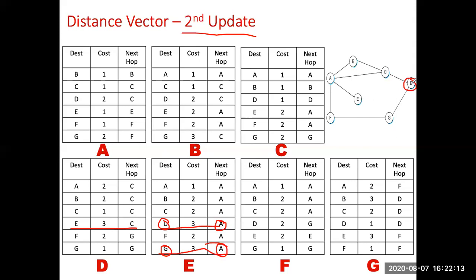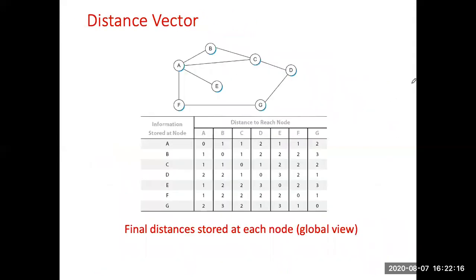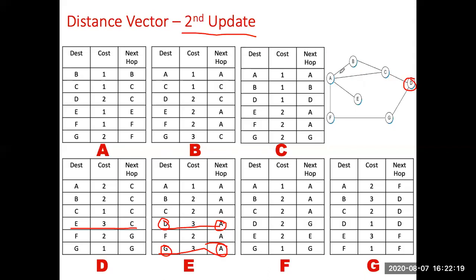If we are talking about node D, how can it reach E? It can reach node C with the cost of 1. And for C, the destination was E and the cost was 2, via A. When D tries to reach the destination E, it will go via C, and it will add the cost of C, that is 2 plus 1, which is 3.